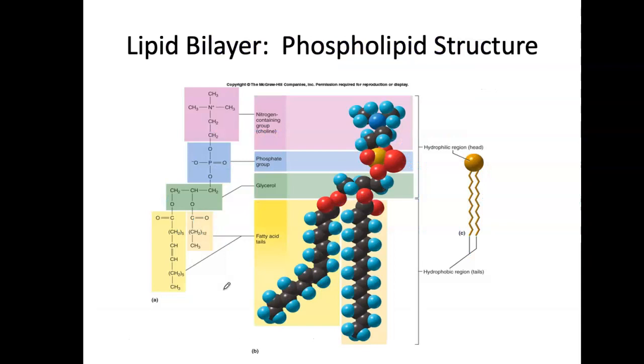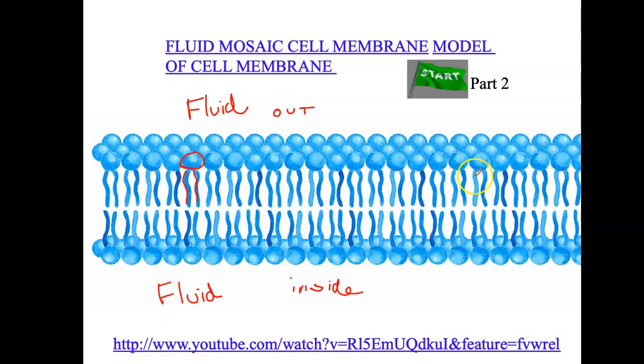So in much more detail, because that's the stylized version of it, we have a region of the head, which is called hydrophilic, which means it likes water. Here we want it to like water because there's fluid all the way on the outside, so it better get along with water. And there's a lot of water on the inside, so it better get along with water.